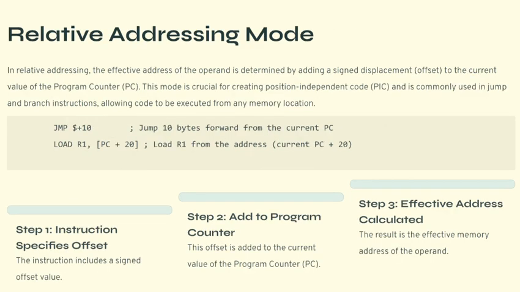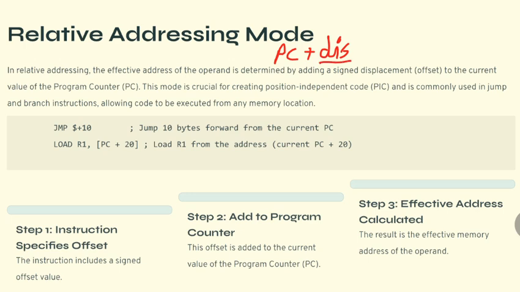Next you have the relative addressing mode. So what is relative addressing mode? Here the effective address is directly from a displacement: you have some displacement, and it will be added to the value of the program counter.